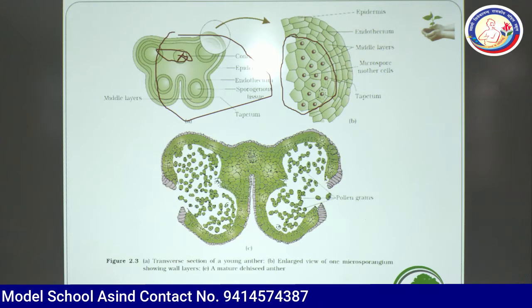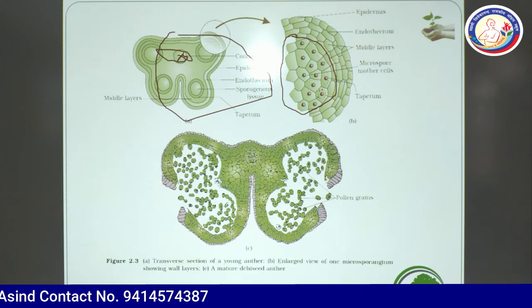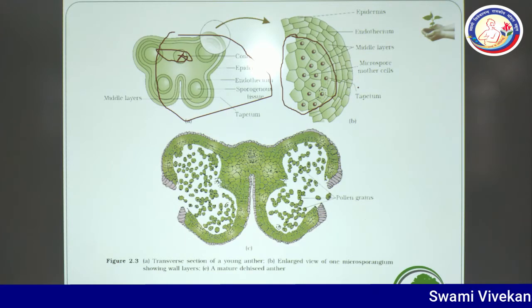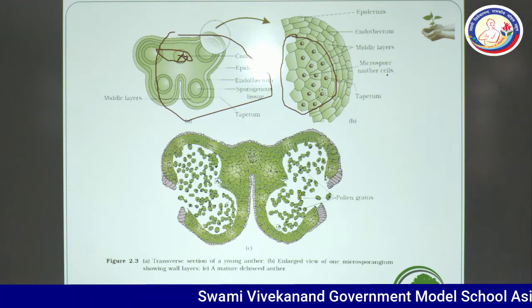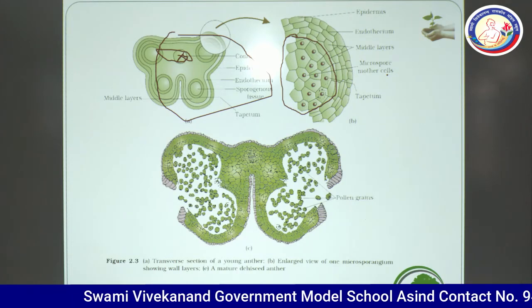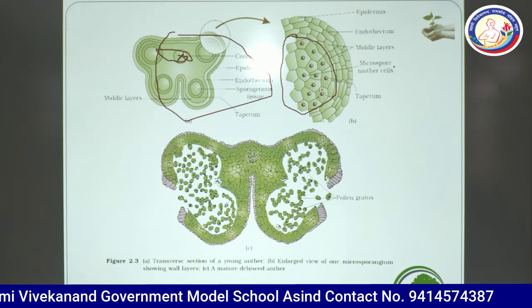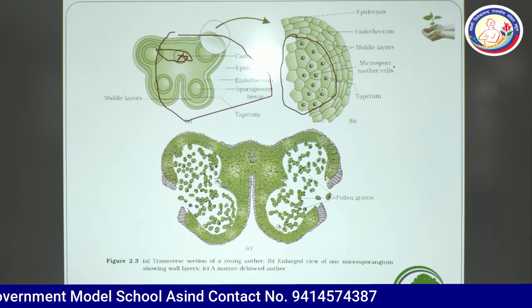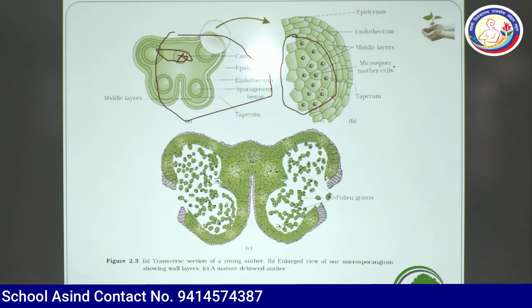It is known as porogenous tissue, and this porogenous tissue will further convert into microspore mother cell, which will develop the microspores, and through different types of changes will convert into pollen grains.